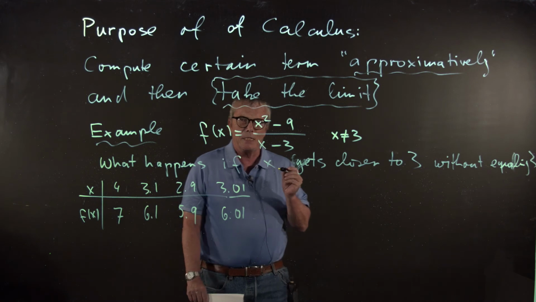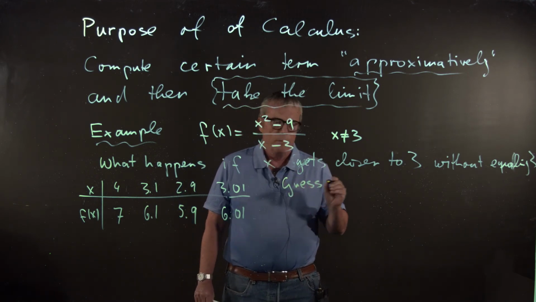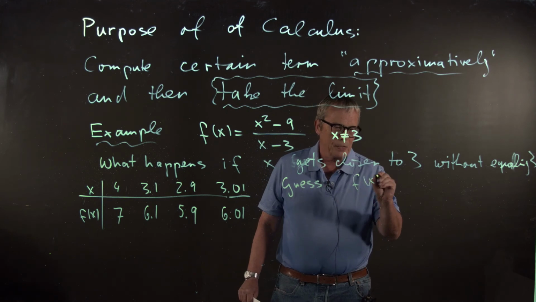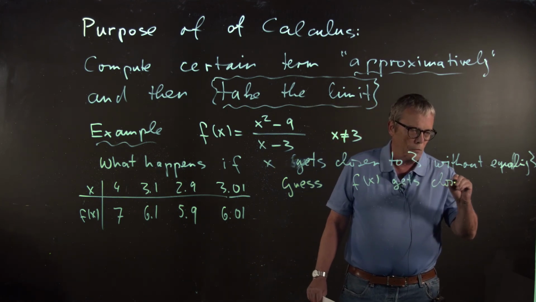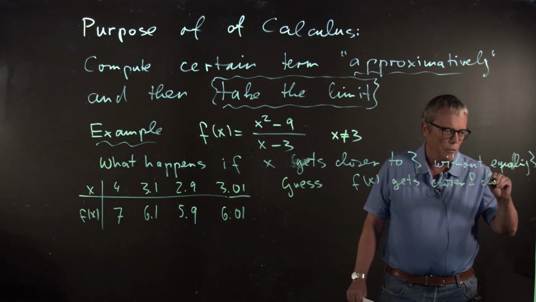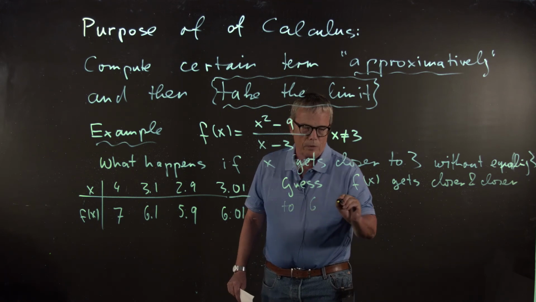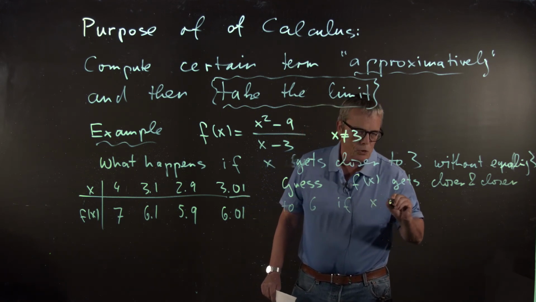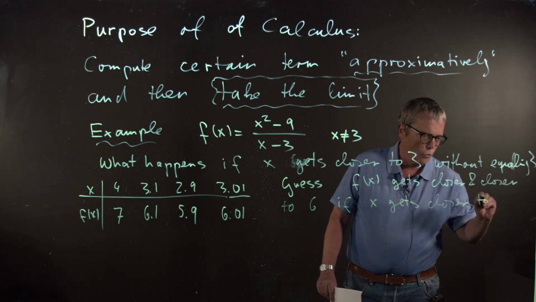So the guess is f of x gets closer and closer to the value 6 if x gets closer to 3.